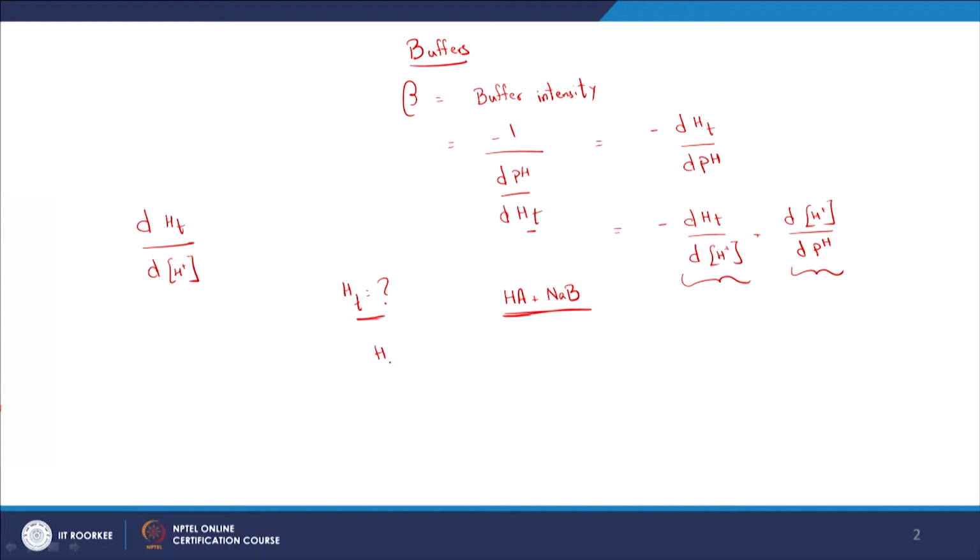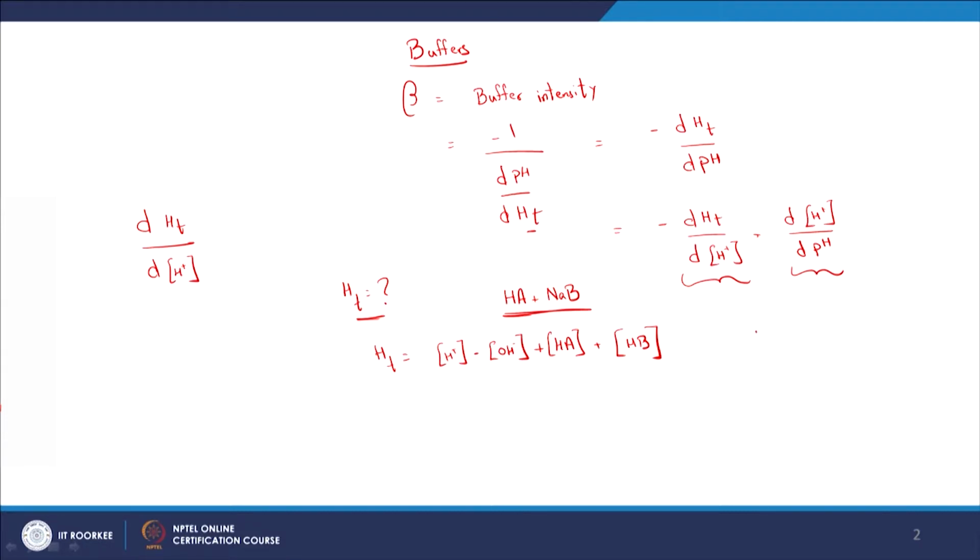So from our background, we know that H total is going to be equal to the concentration of H plus minus the concentration of OH minus and the protonated forms of both the acids, let's say. So HA and HB, right? But keep in mind that HB is a weak acid while HA is a strong acid.